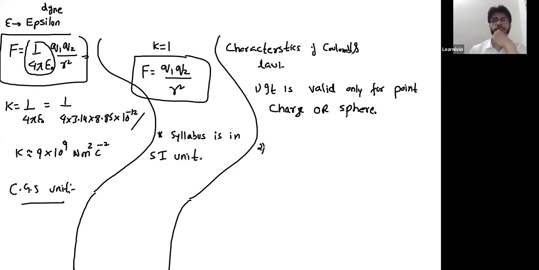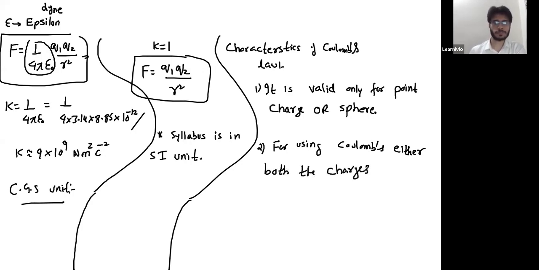Second characteristic. For using Coulomb's law, either both the charges should be at rest. So when you are using Coulomb's law, the best case is if both the charges are at rest, then you can use Coulomb's law.